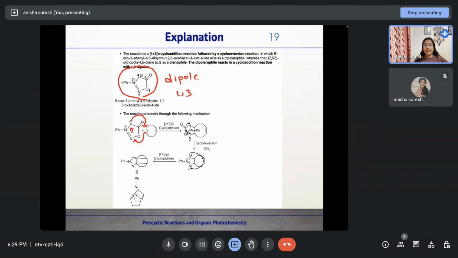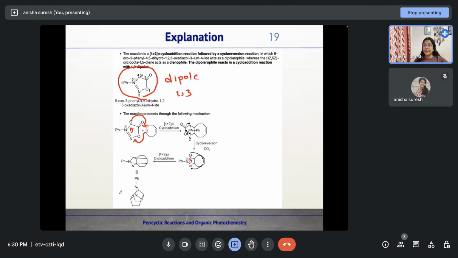And now again a dipole is generated here. So this is the negative center, this is the positive center. Again a dipole is generated and we have a dipolarophile in the system. So this will add on to the alkene, and this alkene will add on to this nitrogen, and the positive charge on the nitrogen is neutralized, and we will get this system.